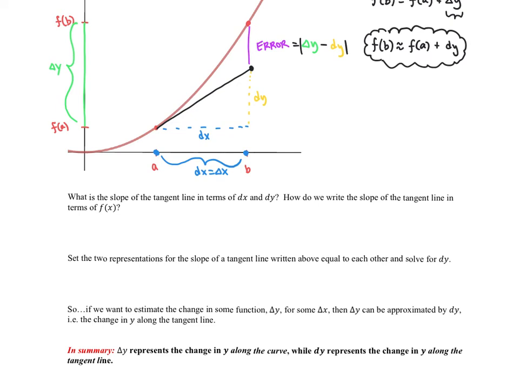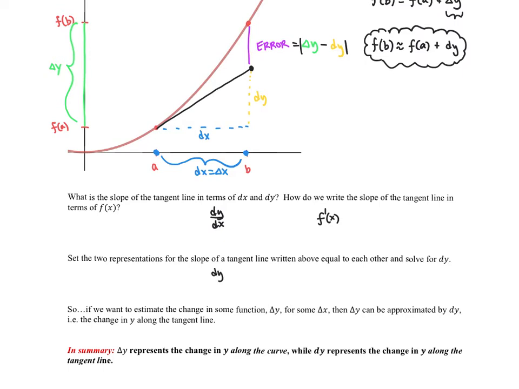What is the slope of a line in terms of dy dx? Well, the slope of that black line up there would be dy over dx. How do we write the slope of a line in terms of f of x? Well, that would be f prime of x. So if we set the two representations equal, we can then solve for dy.